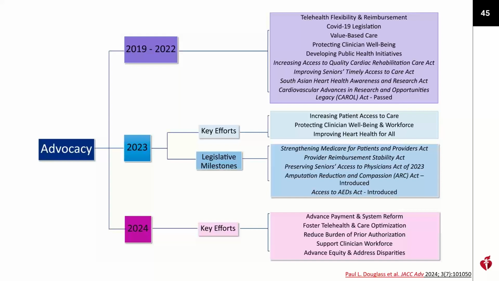And that we do things that enhance the payment system and system reform that allow us to better care for our populations, and that we have programs in place that diversify the workforce, and that we advance health equity and address disparities in healthcare. Next slide.